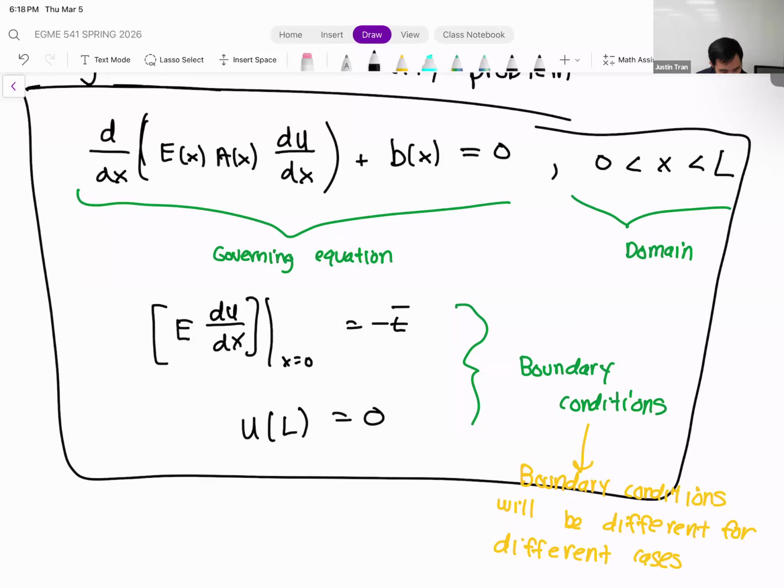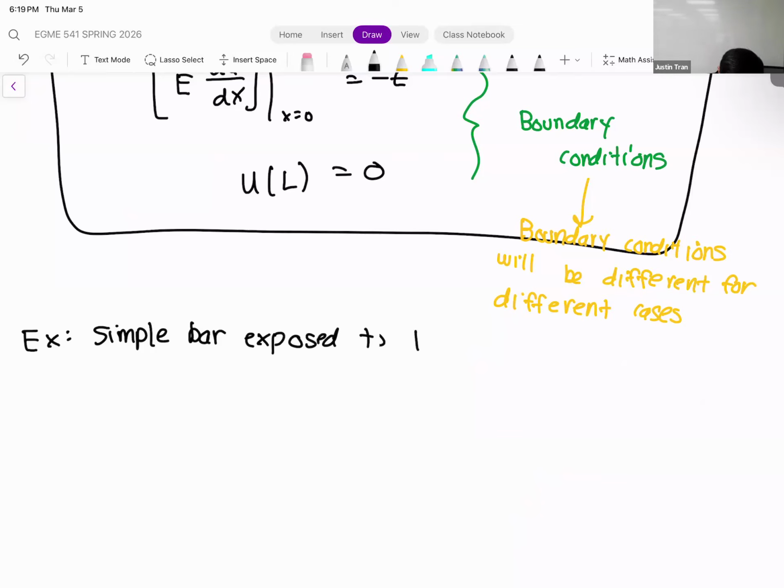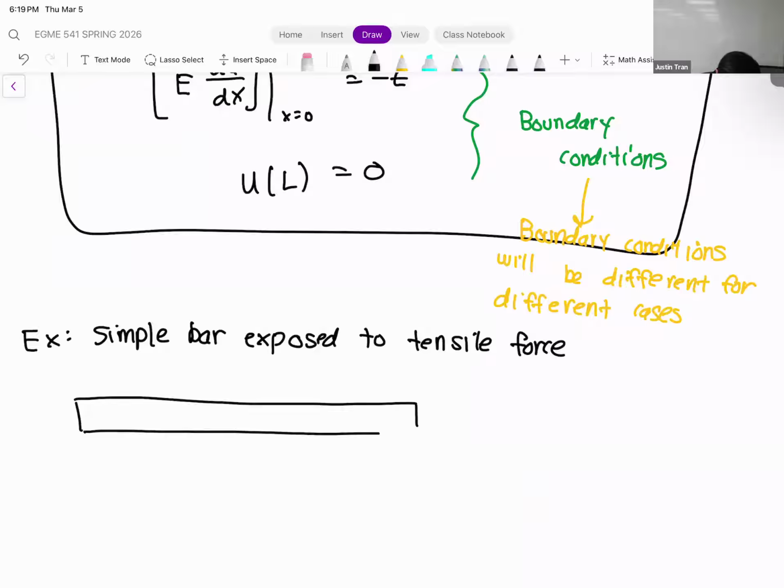All right. So let's do a simple example here, and we're going to solve it from front to back. Let's say we have a simple bar exposed to a tensile force. We have our structure just like this.